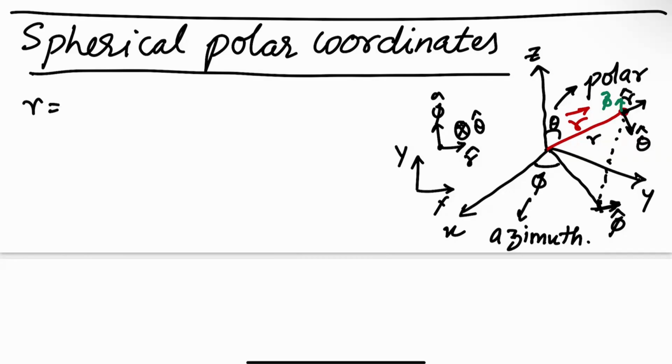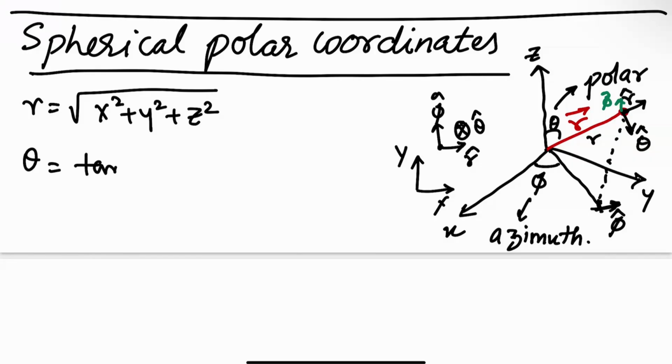Now since we're on the surface of a sphere rather than a cylinder, r is nothing but the square root of x squared plus y squared plus z squared, right? Theta is tan inverse of rho over z, and that's fairly easy to see.